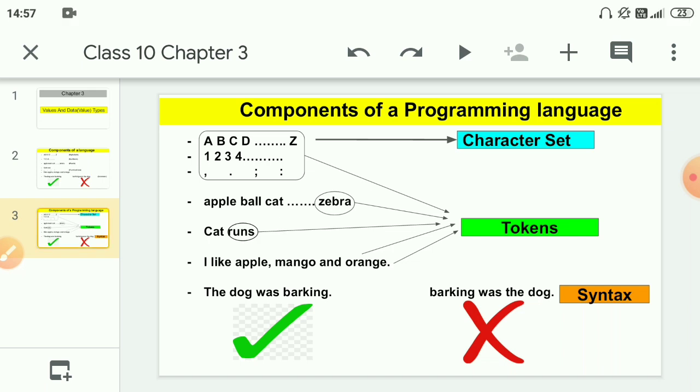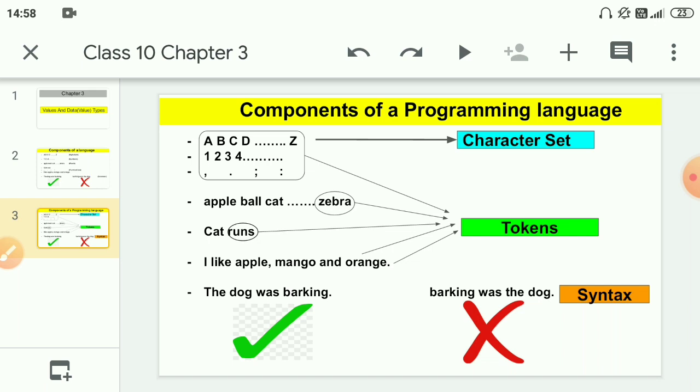So students, I hope that you are able to see the similarities between a programming language and a normal English language. If you can understand it, it will be very easy for you to learn the Java language.